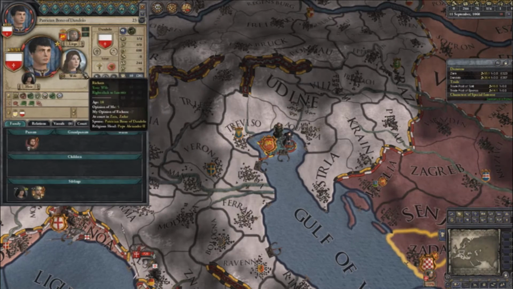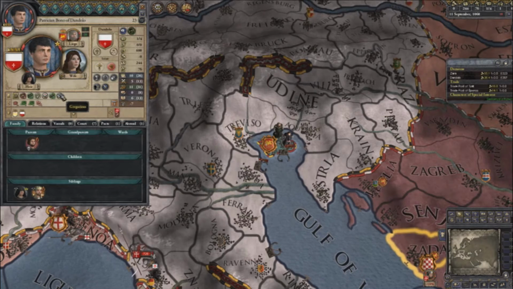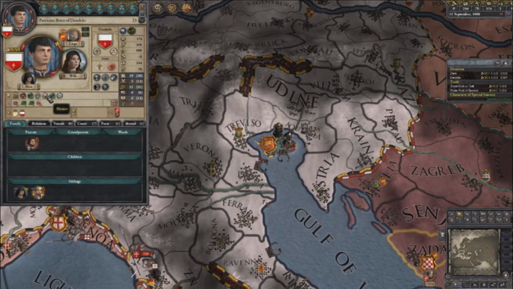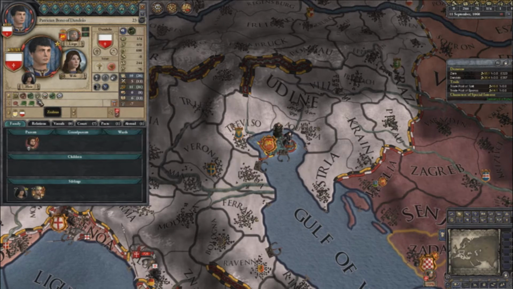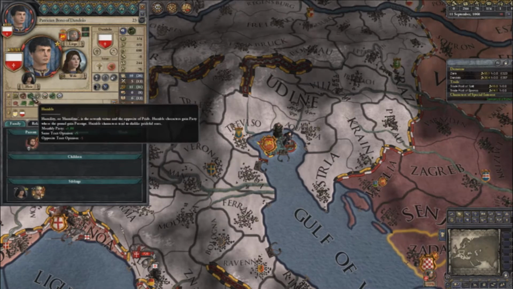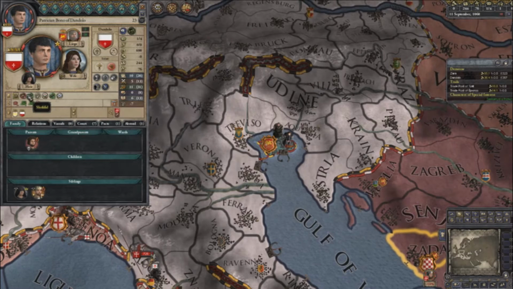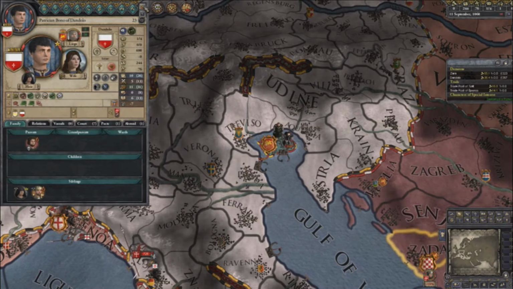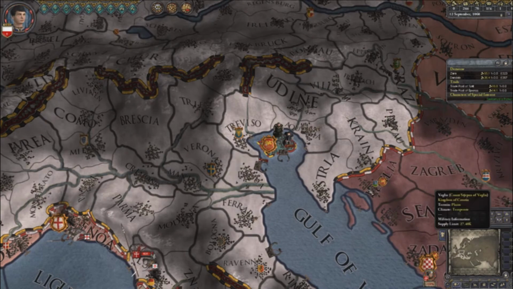She doesn't have any traits reducing her fertility. What about you? No, you don't either, so get to work, you two.